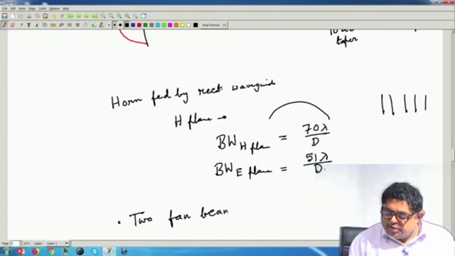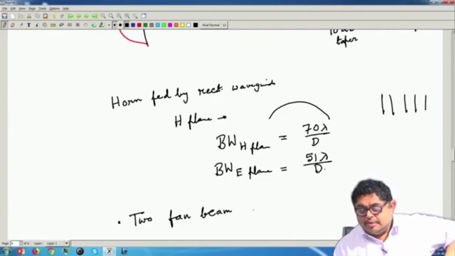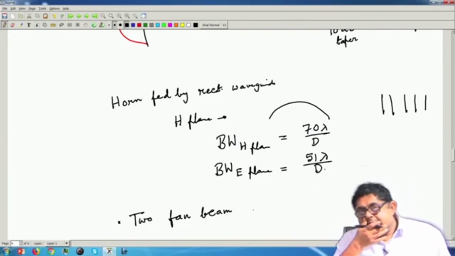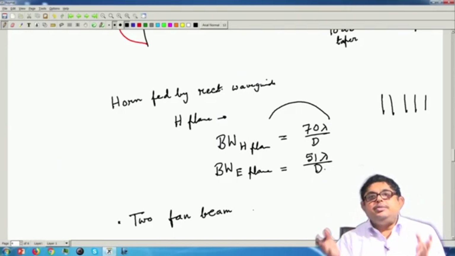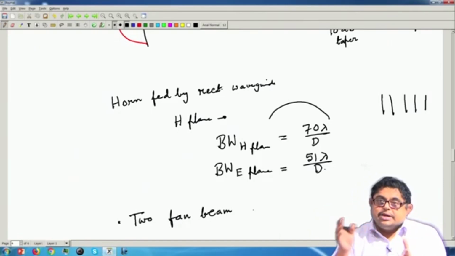I have already said what a fan beam is. It has a narrow beam width in one direction, either in azimuth and wide in elevation, or in the other way, narrow in one angular direction and wide in the other. That is called a fan beam.